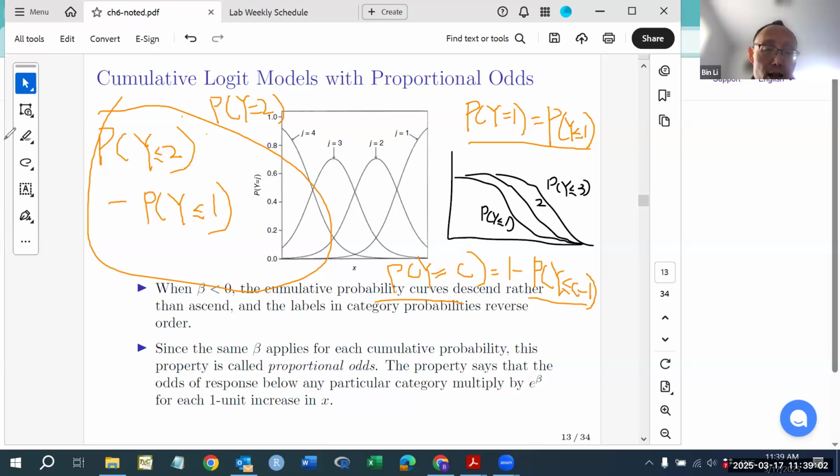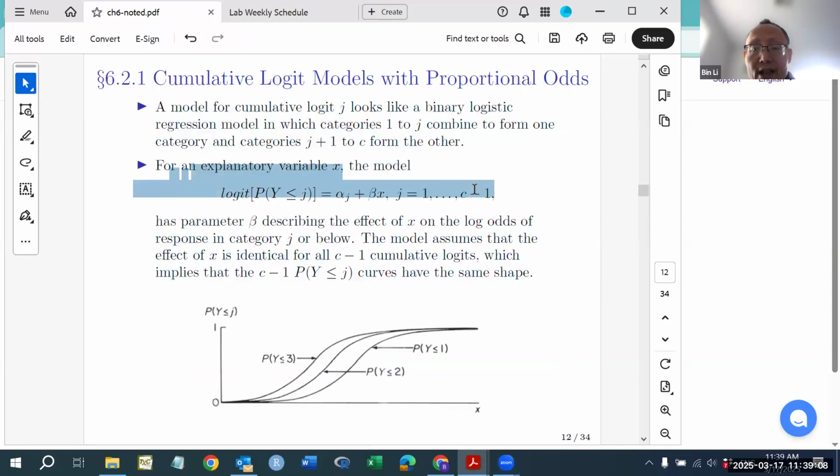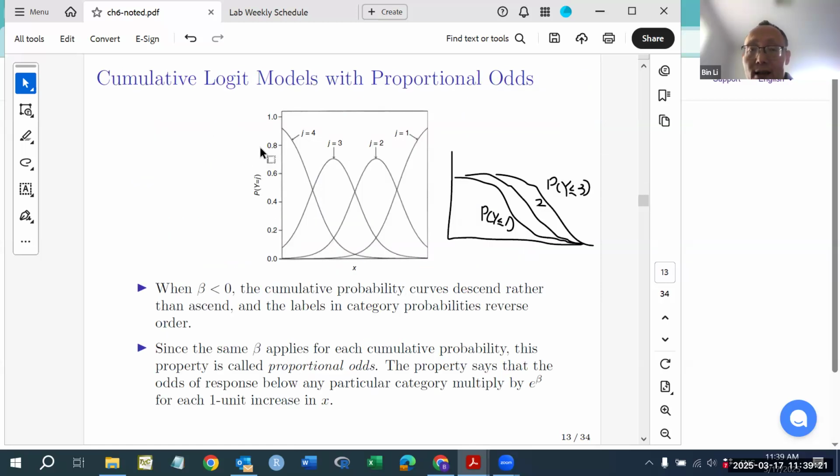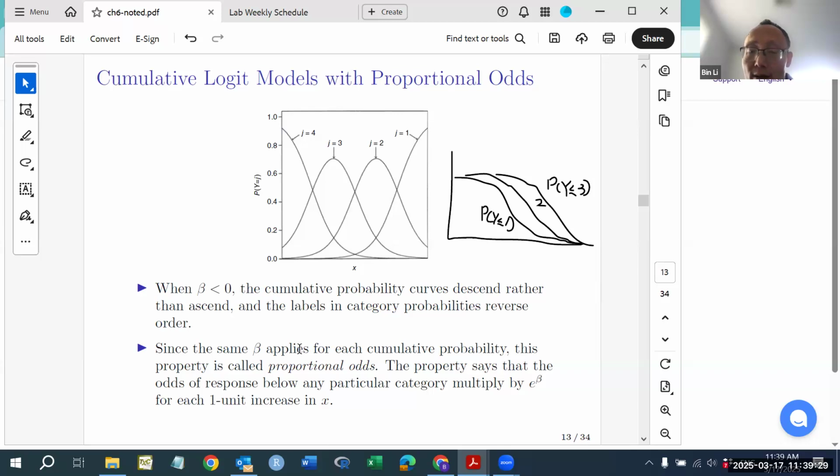So you can see, as long as we have this equation, we can easily find out each category's probability. Is that right? And this is the cumulative. If we just look at the individual category probability, it looks like this one for the proportional odds.